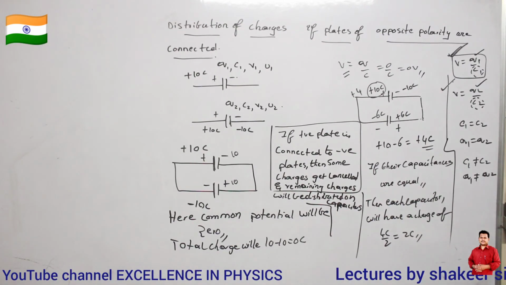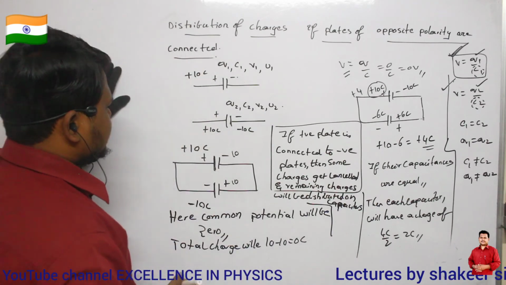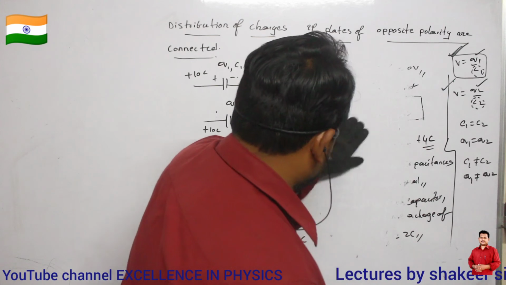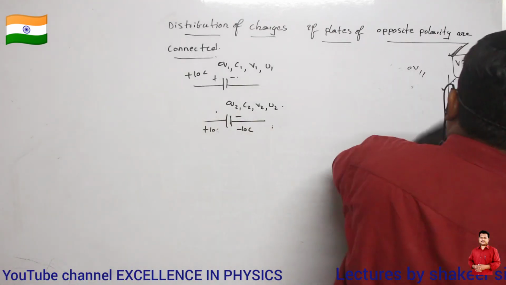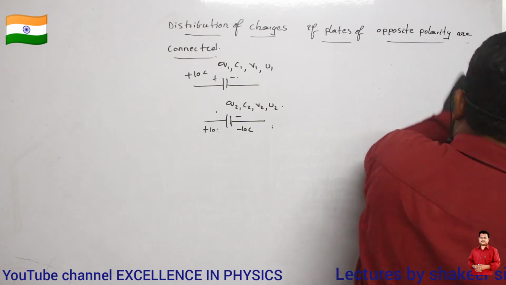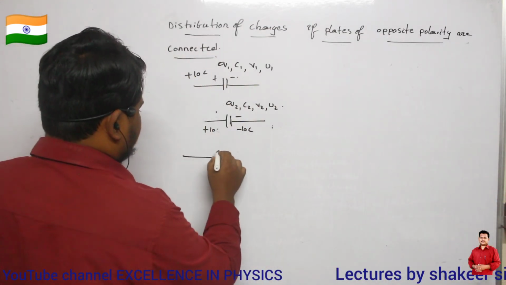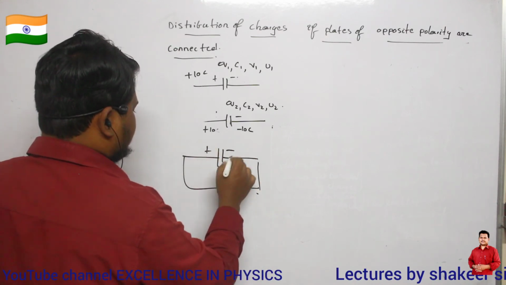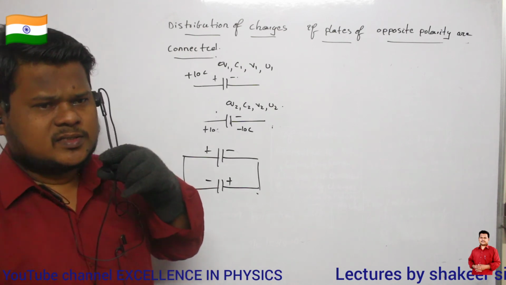Mathematically, how can we understand this one? Let us see. So if positive plate is connected to negative plate, then some of the charges will get cancelled.